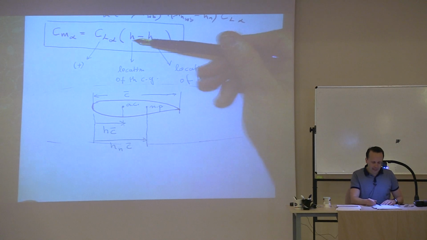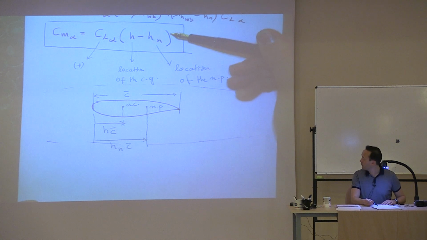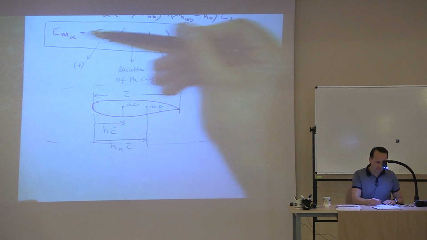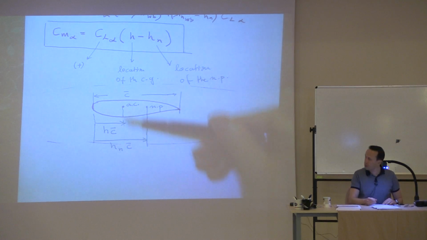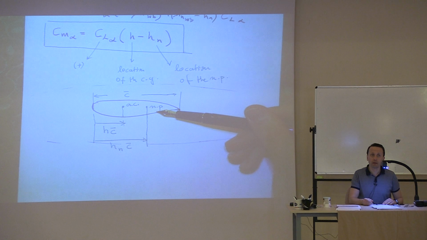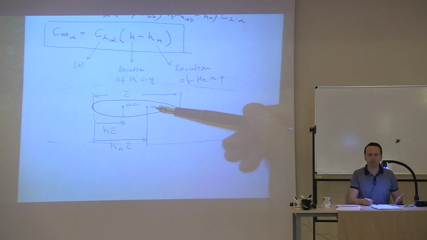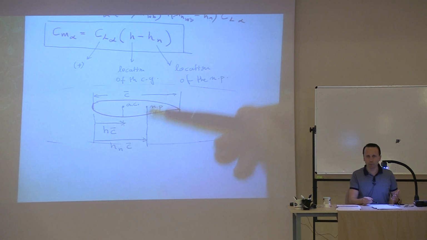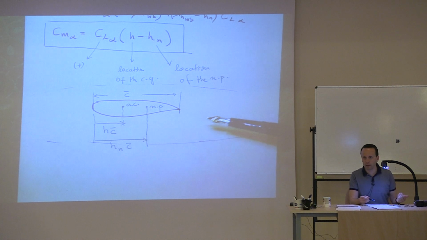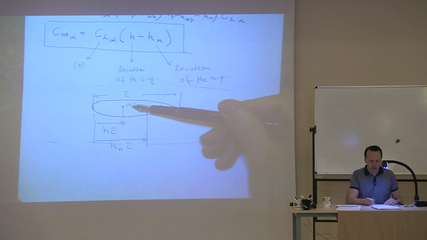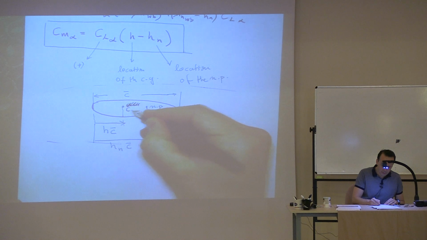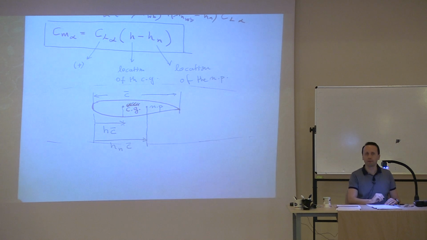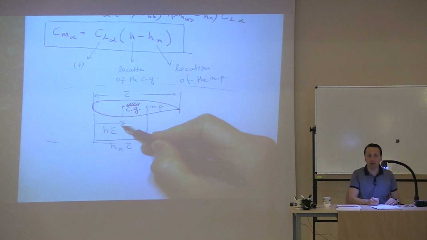So, what do we say now? Hn must be bigger than H, only then this will be negative. And since this is positive, Cm alpha will be negative if Hn is bigger. Which means, is in this picture Hn bigger? Yes, it is bigger, right? So therefore, this would be a stable airplane according to our logic. I'm sorry, this is not the aerodynamic center. This is the center of gravity. This is the center of gravity, H C bar, right?